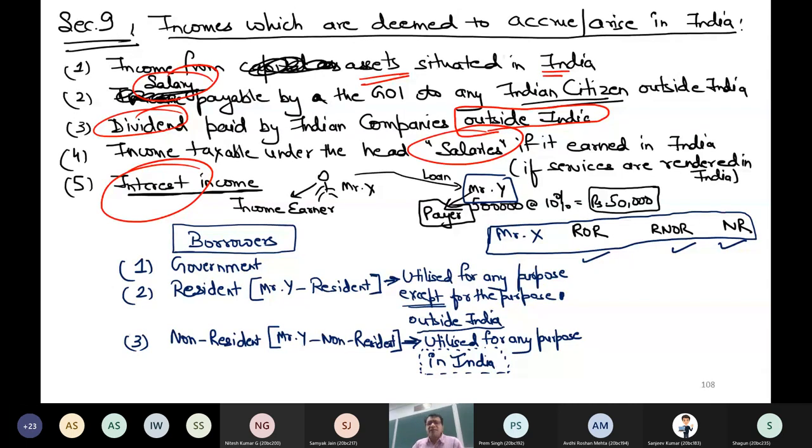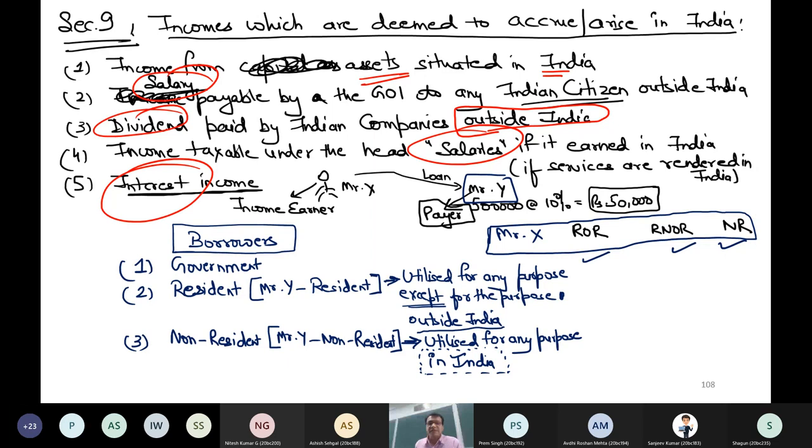If you assume that it is paid outside India, still any dividend paid by Indian companies outside India is deemed to accrue or arise in India, so it again becomes taxable. It does not matter who you are, ROR, RNOR or NR. Our purpose is not to exactly check whether it is actually received, actually accrued, deemed to be received, or deemed to be accrued. There is no need to check that. The main purpose is to make sure what the taxability is.